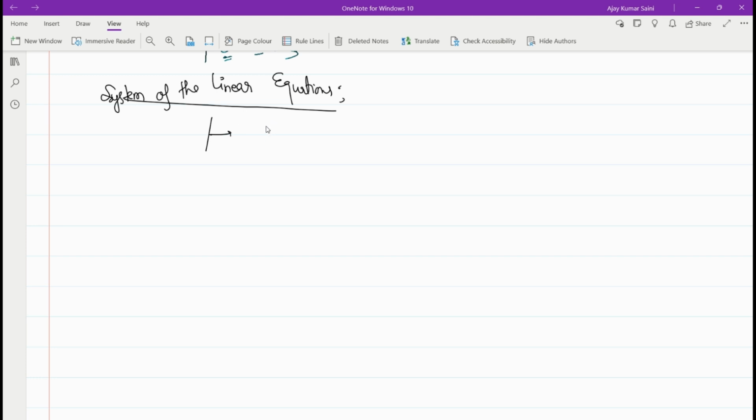First is the homogeneous linear equation, and next is the non-homogeneous linear equation.